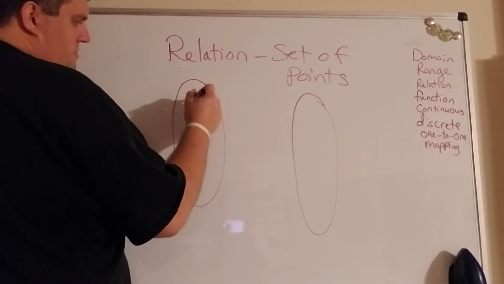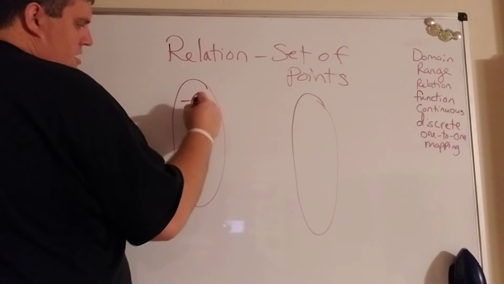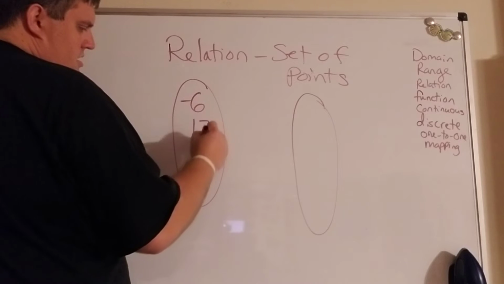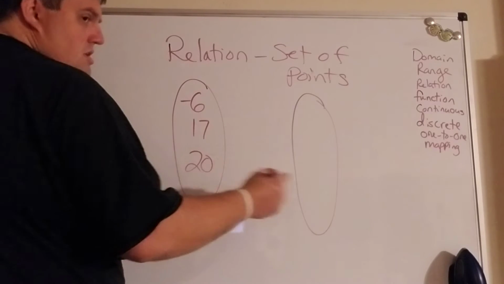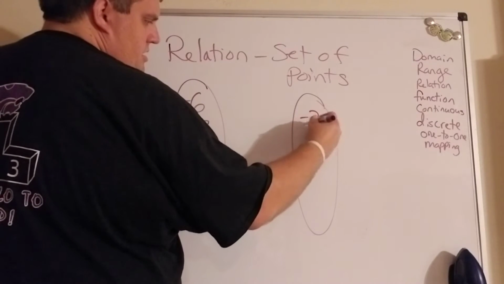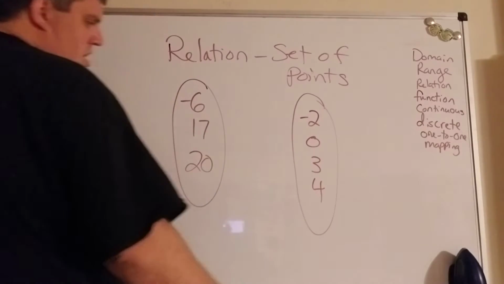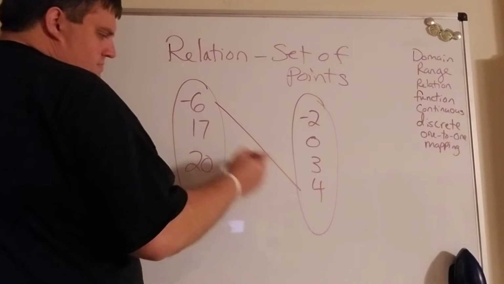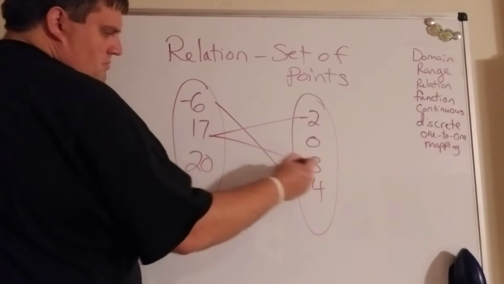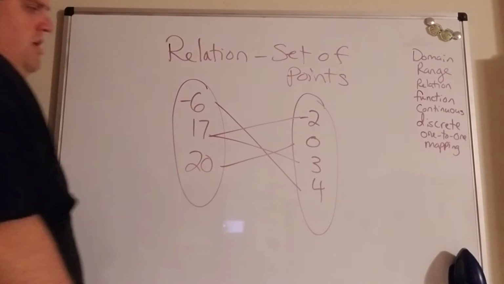And I'd have some numbers in here. Some numbers in here. And then they draw lines between them.